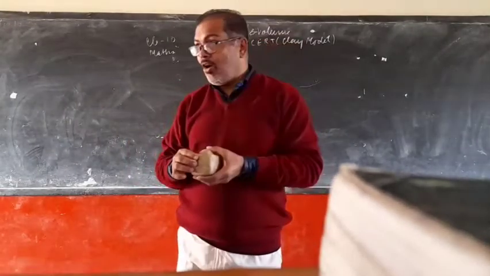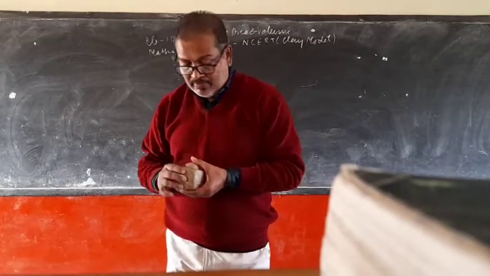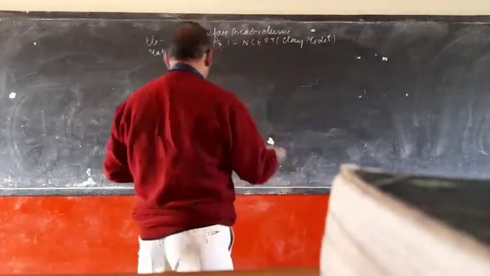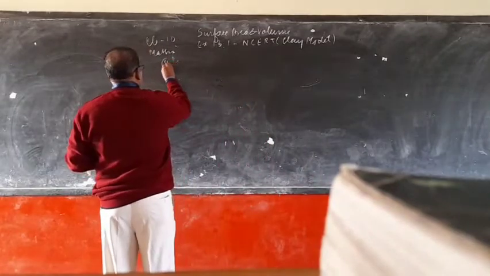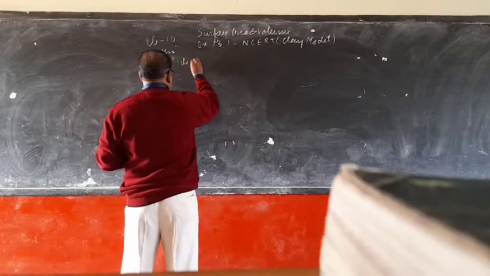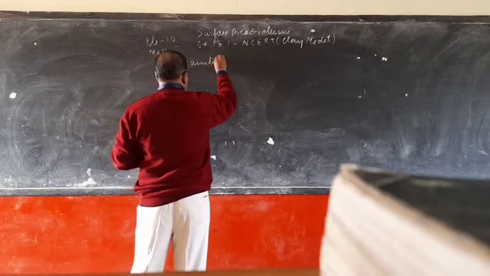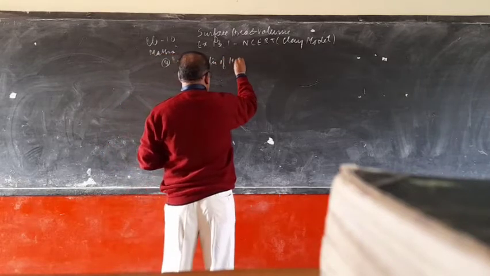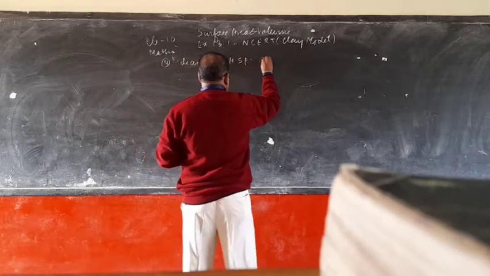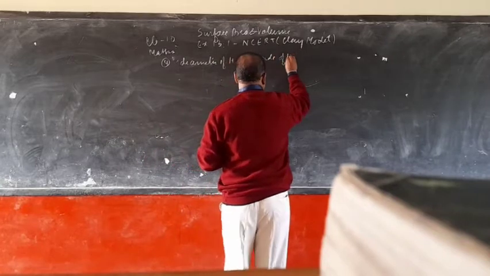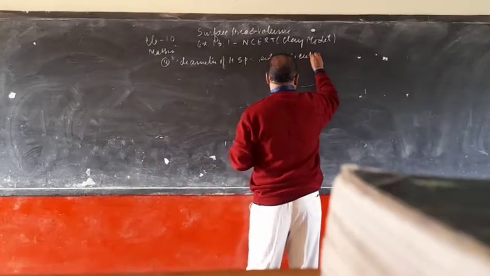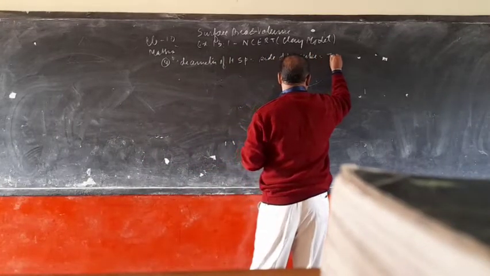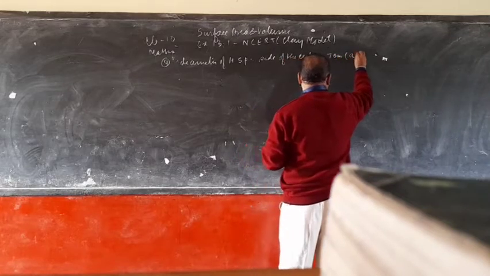Very good, the side of the cube. The first thing we have decided in question number 4 is that the diameter of the hemisphere is equal to the side of the cube, that is equal to 7 centimeter. Let us take this as a.